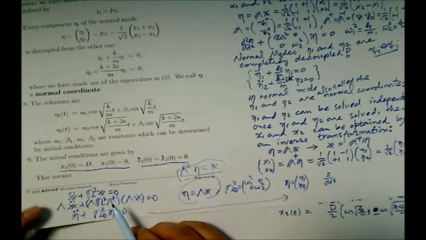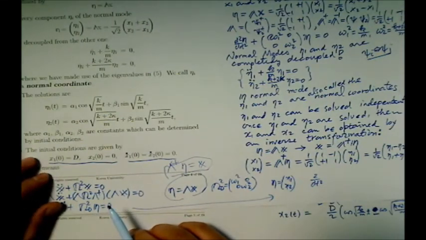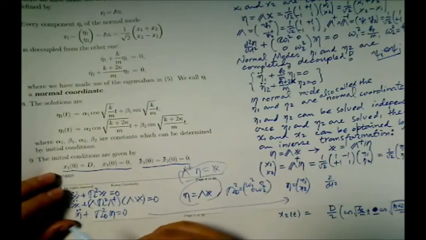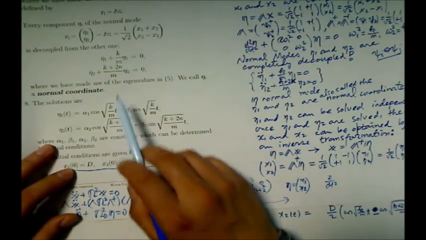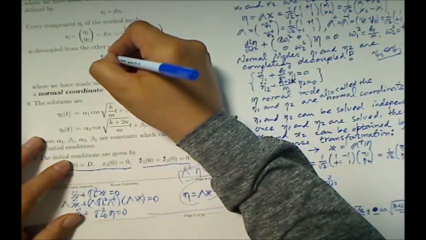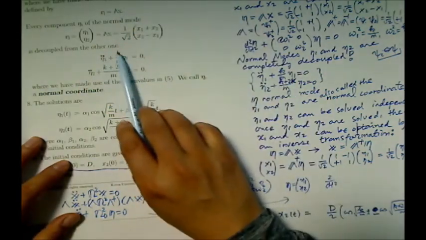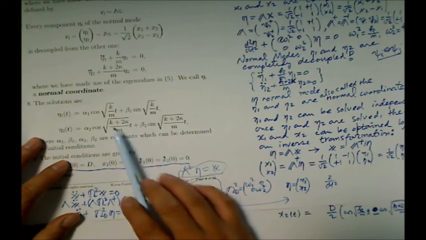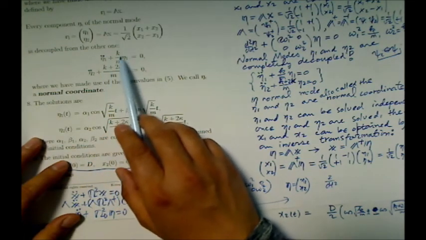Sure, we can directly solve this problem if we are geniuses, but we had better introduce the normal modes to find the solution. For example, this is the equation of motion for two normal coordinates, and the solutions are linear combinations of cosine and sine, but they have distinct natural frequencies.